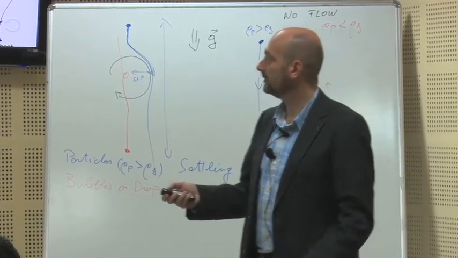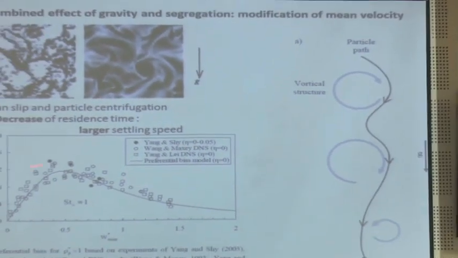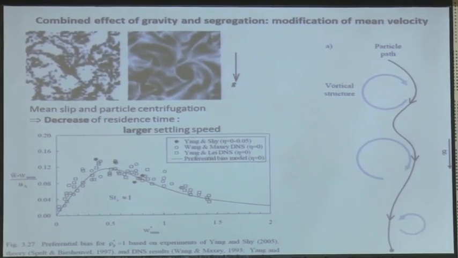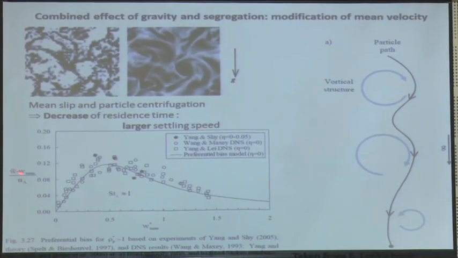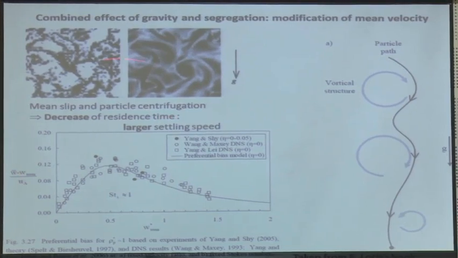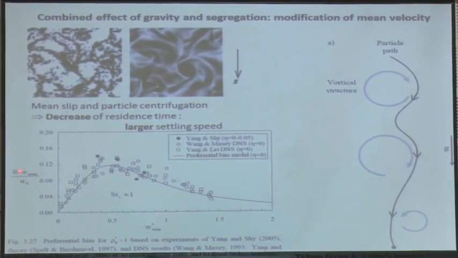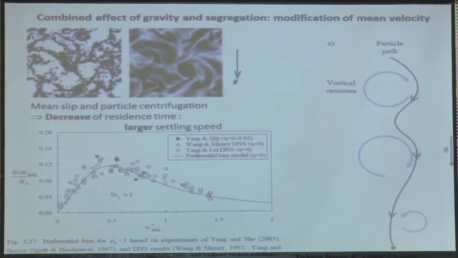So this is what has been done in those studies. Here, this is a collection of different simulations and also experiments, okay? Where you plot the difference, so this is for settling particles, for dense particles. You plot the difference between the mean settling velocity, so the time you need to travel a certain distance in a turbulent flow, minus the settling velocity with no flow, the terminal settling velocity.